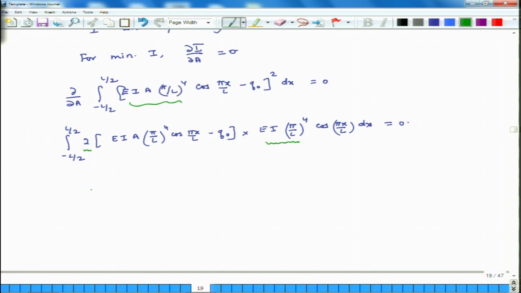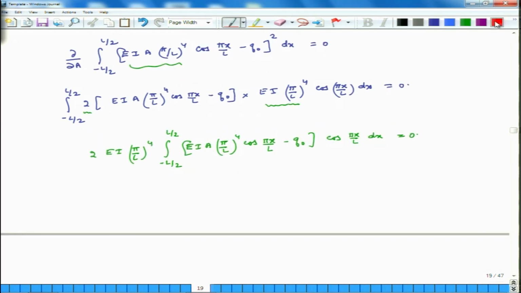So I get 2 EI pi over L to the power of 4 minus L over 2 EI A pi over L to the power of x cosine pi x over L minus q naught times cosine pi x over L dx is equal to 0.